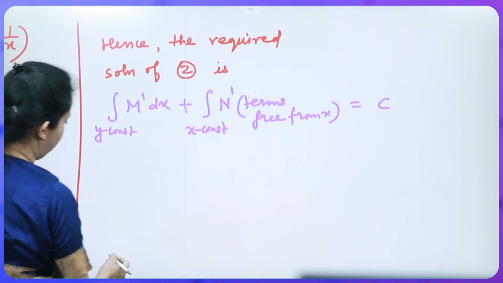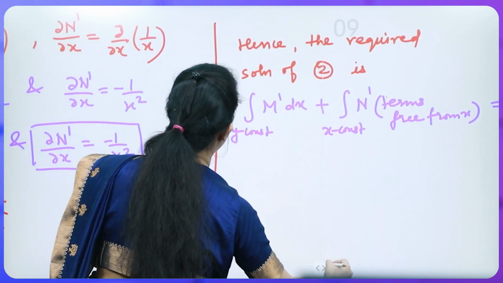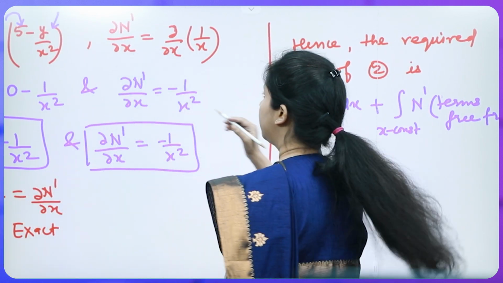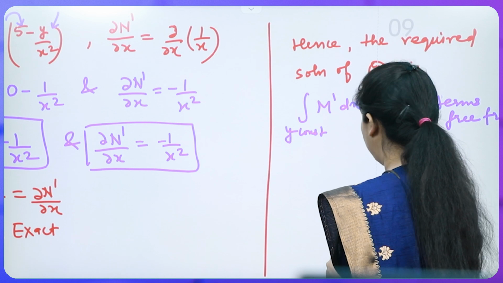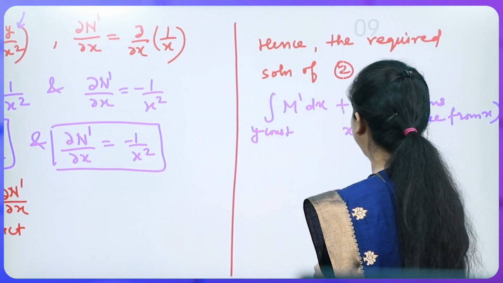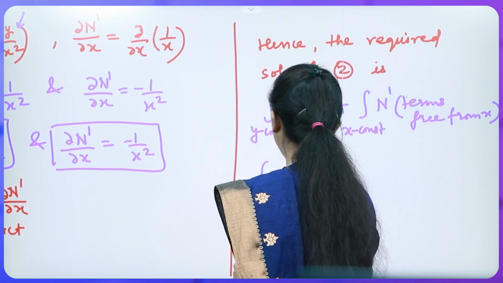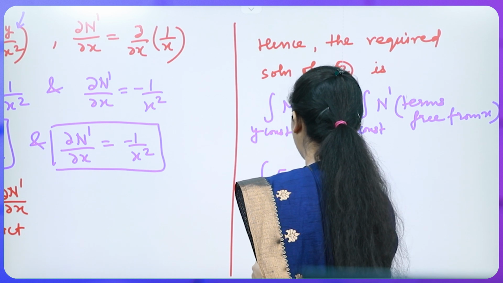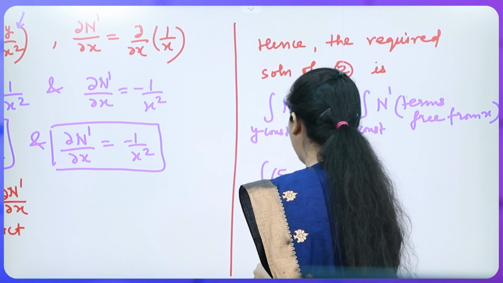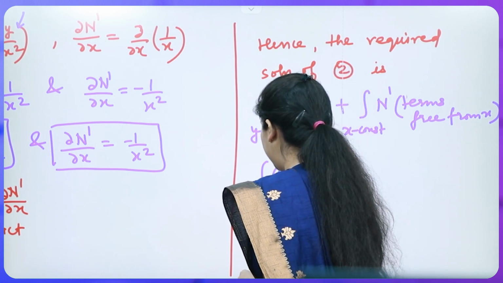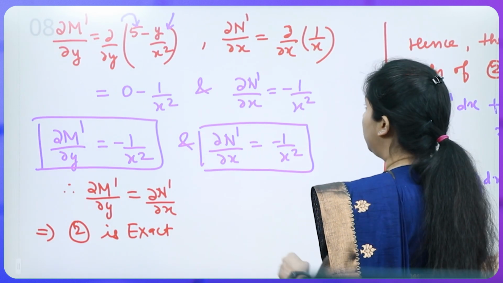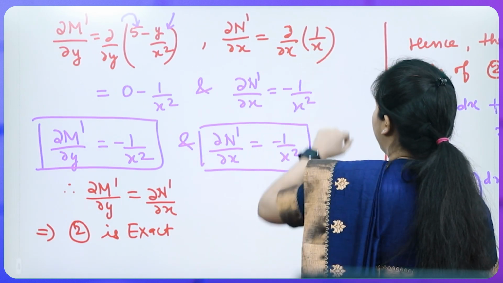So now we will substitute the value of M dash and N dash. Here M dash is 5 minus y upon x square, so integration of 5 minus y upon x square dx, treating y constant, and N dash does not have any term which is free from x because N dash is 1 by x.